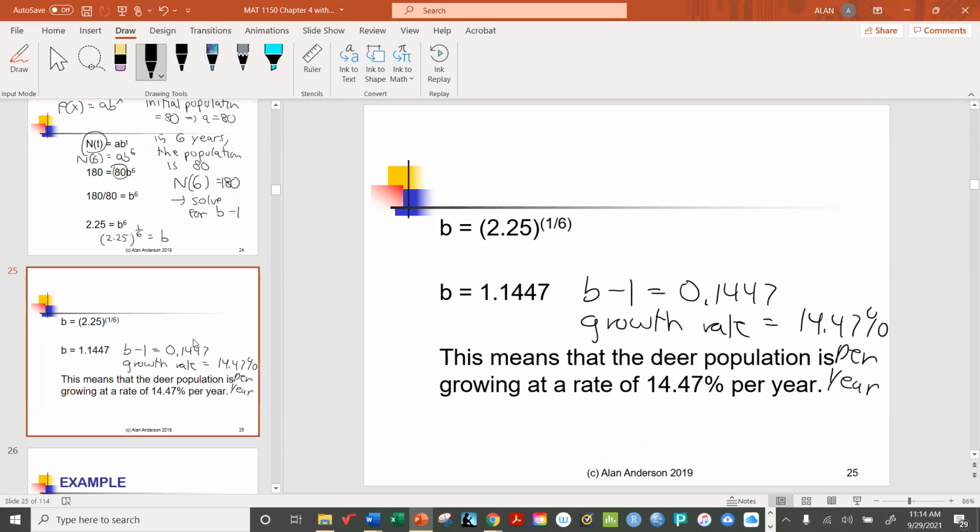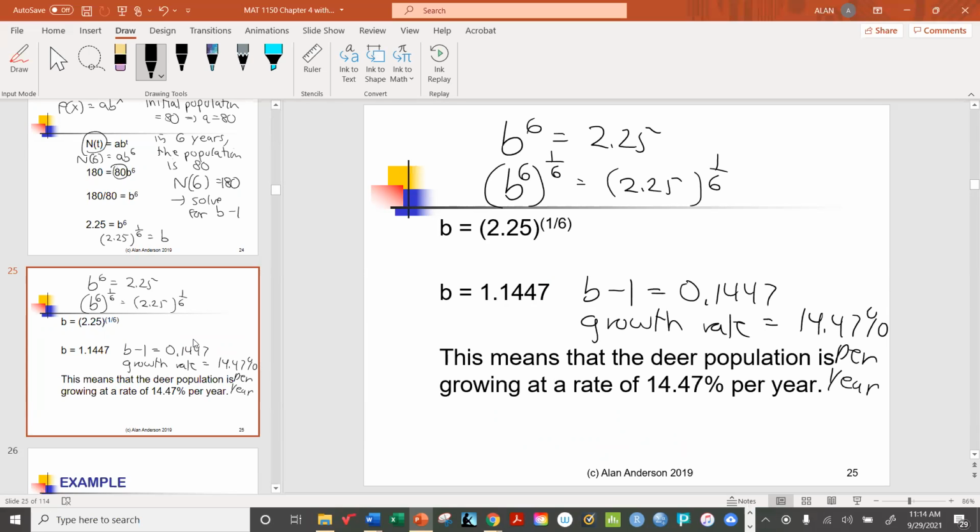And by the way, let's review this real fast. So what I needed to do was raise both sides to the 1 over 6 power, which I'm certainly allowed to do. Anything I do to the left and to the right, if it's the same operation, I do not change anything.